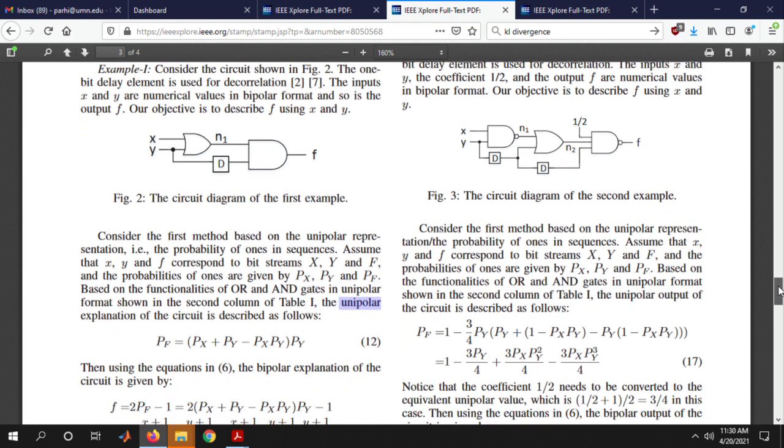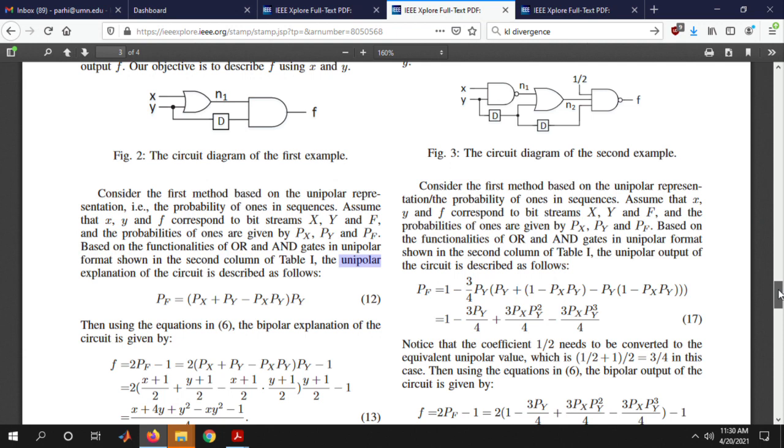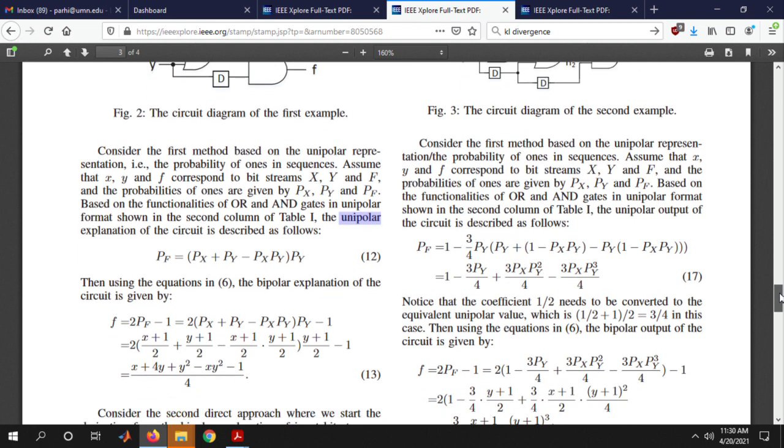To compute that in bipolar, I have already computed the unipolar output. So the bipolar output F is 2 times the unipolar output minus 1, which is 2 times this quantity minus 1. Remember, this is unipolar, and now I need to input the unipolar values of x and y.